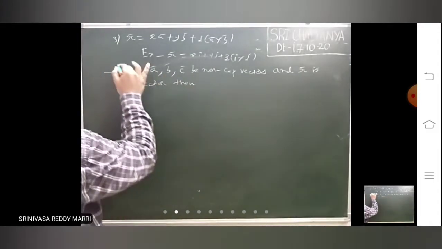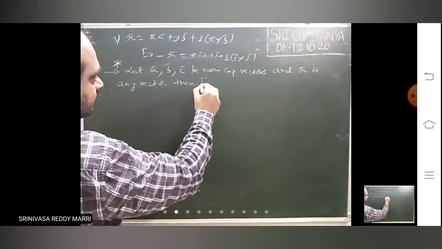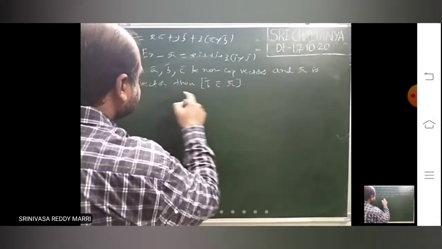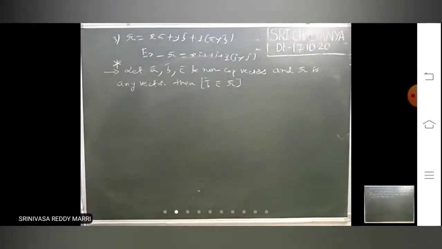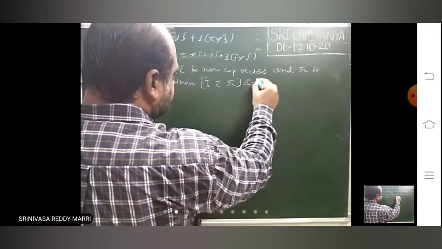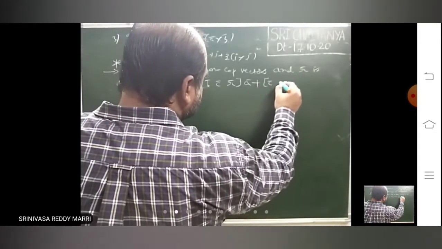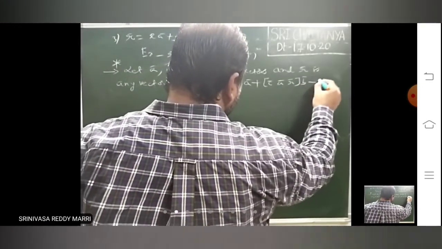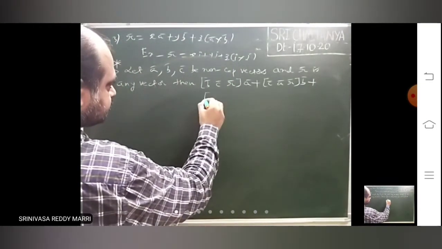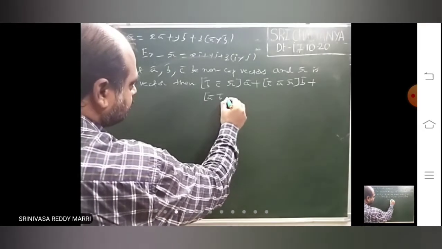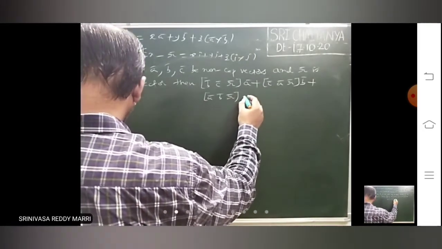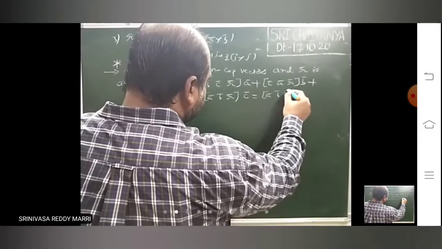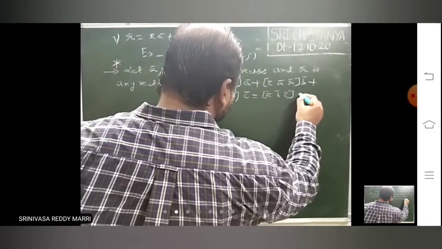Then a very important relation. Box of B bar, C bar, R bar into A bar, plus box of C bar, A bar, R bar into B bar, plus box of A bar, B bar, R bar into C bar is nothing but box of A bar, B bar, C bar into R bar.